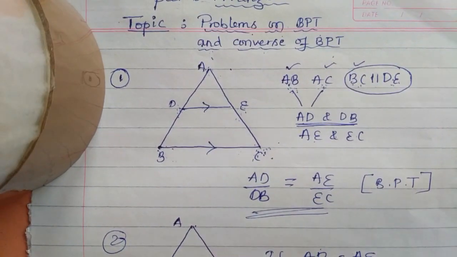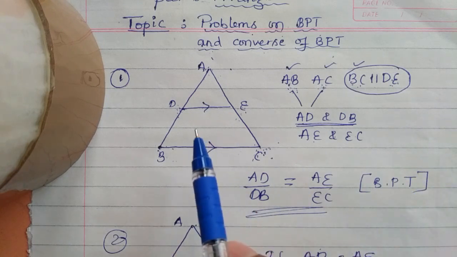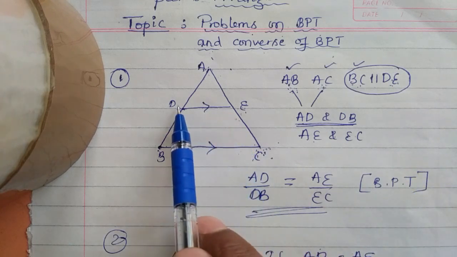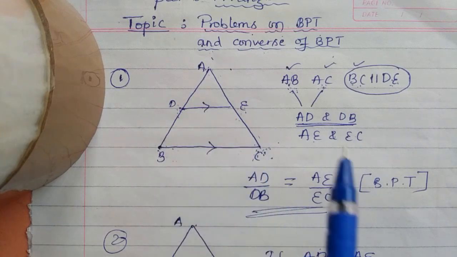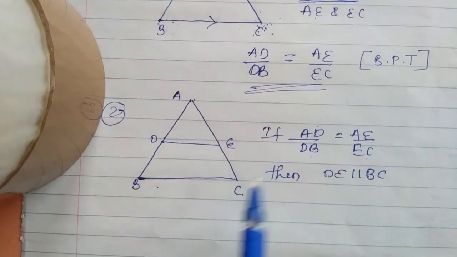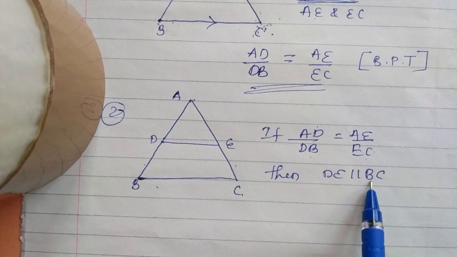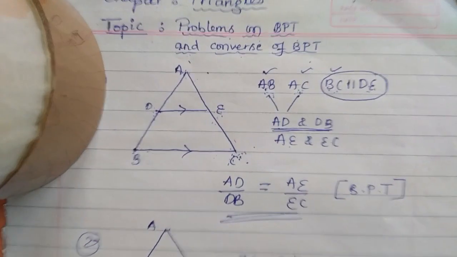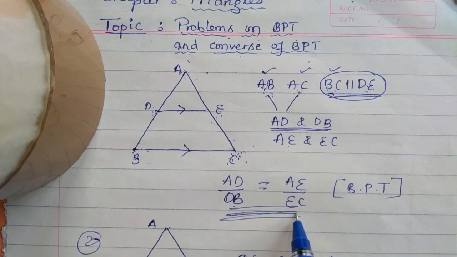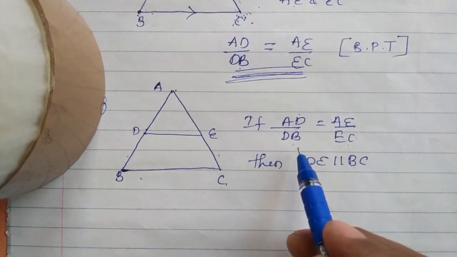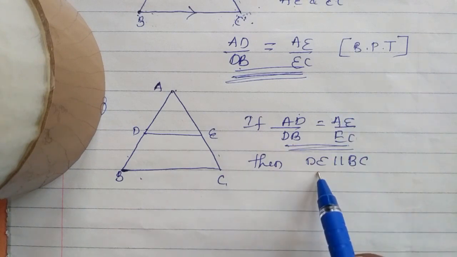The converse of the BPT is easy. We say the BPT in reverse order. What does BPT say? A line drawn parallel to one side divides the other two sides in equal ratio. The converse of the BPT says if the other two sides are already in equal ratio, then the lines are parallel. In BPT, parallel lines are given, so sides are divided in equal ratio. In converse, sides are divided in equal ratio, then DE is parallel to BC.